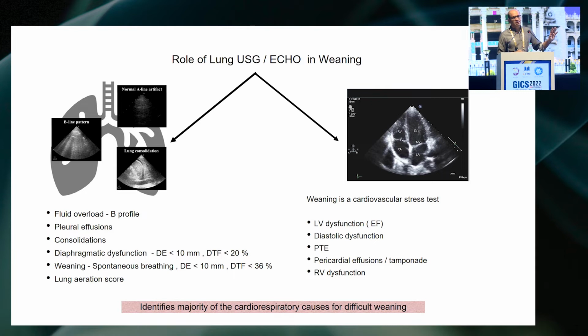We know that ultrasound and echo can identify the majority of the reasons with respect to your respiratory function as well as your cardiac function, which can identify weaning problems. Fluid overload, pleural effusions, new onset consolidations, your diaphragmatic function, whether your lung aeration score is improving or not.